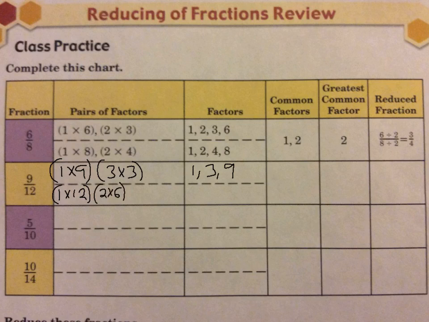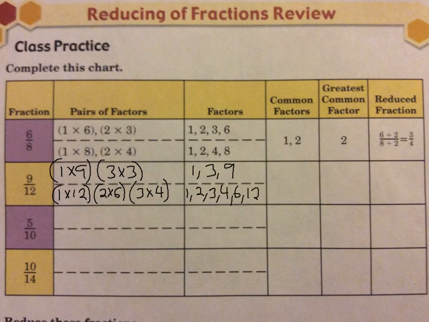And then the last one would be 3 times 4 is 12. And so our 12 factors would be 1, 2, 3, 4, 6, and 12.